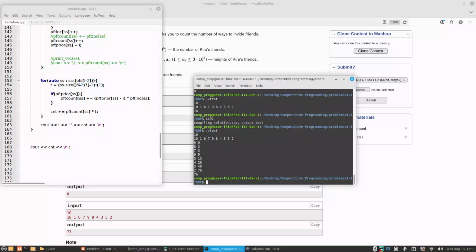Yep, that's correct. So 4, 3 plus, like, I think that's 10.